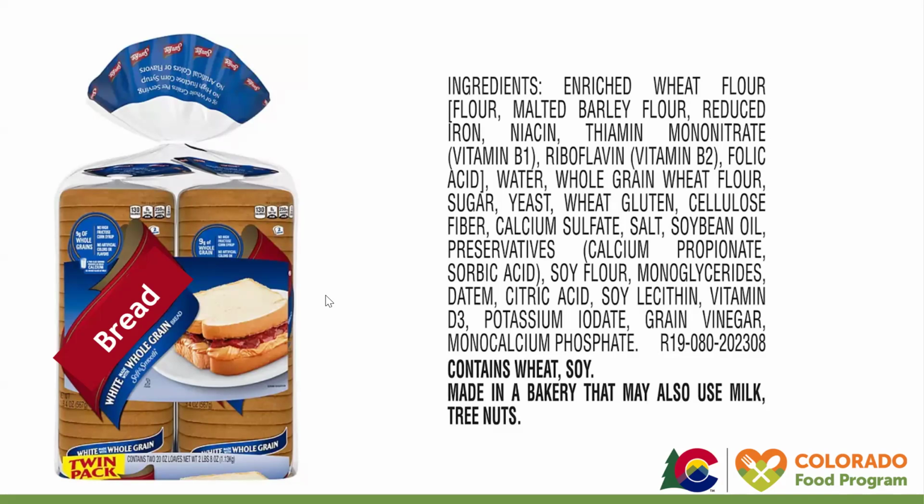And then if you're unsure about that, you can always look at the ingredient list. So if we look at the ingredient list, it says enriched wheat flour. So as soon as you see that word enriched, your little alarm should go off in your head and say, that's not a whole grain.